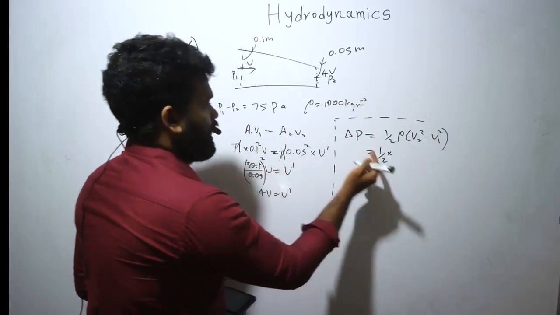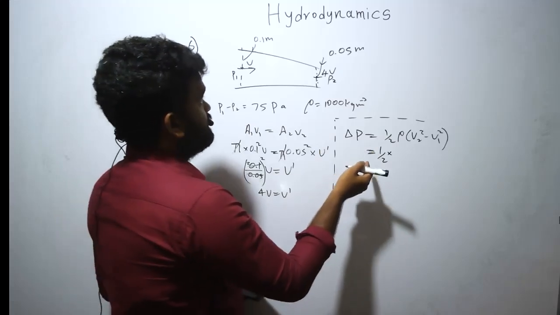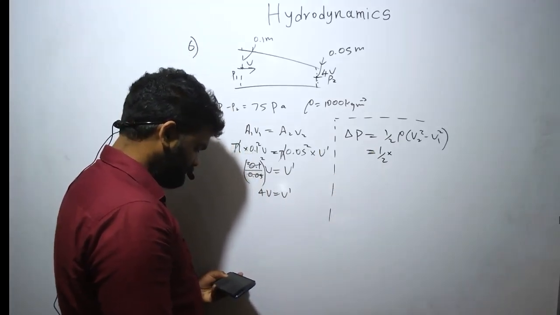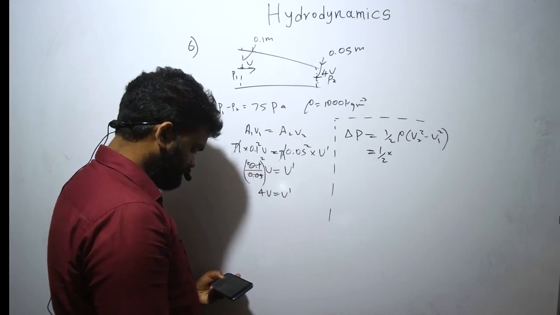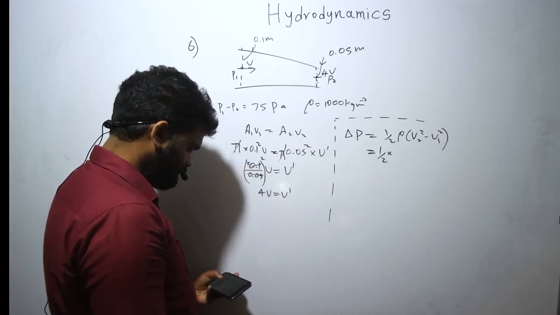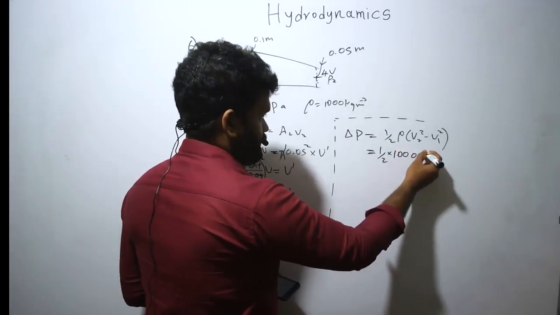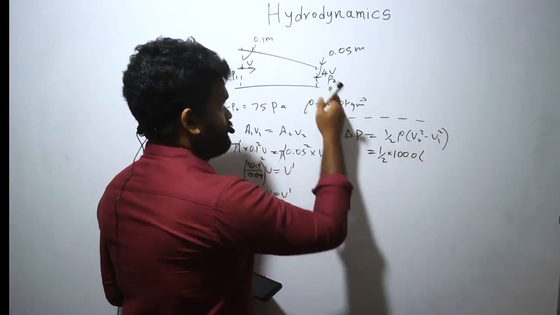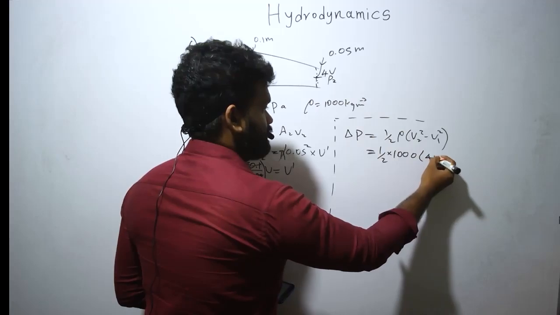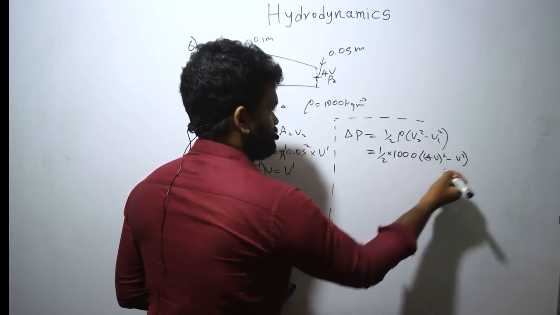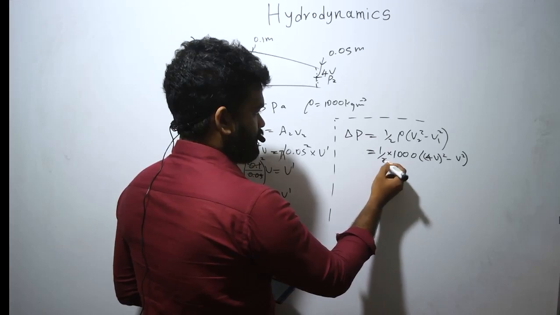So, okay, half density is what? Is it water? Okay, 1000, right? So water, 1000. Here V2 is this one, so the velocity is 4V squared minus V1 squared, V squared, right?